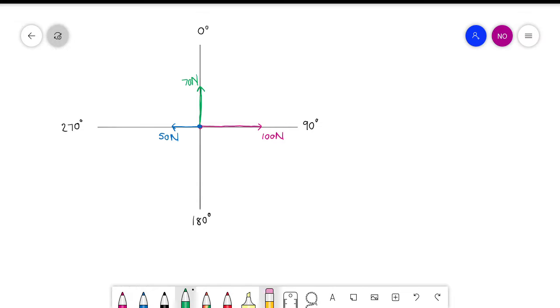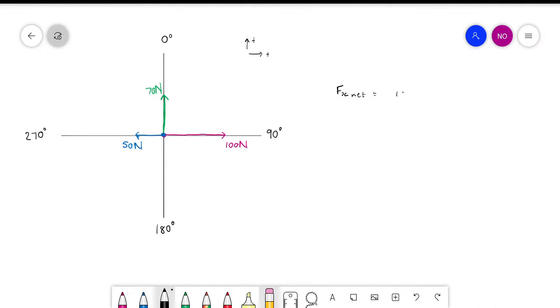So, om hierdie ene mee te begin, gaan ons sê, op die x-as, en ek kies na regs as positief, en ek gaan opwaarts as positief ook vat. Okay? But on the x-axis, my net force will be 100 minus 50, which is 50. 50 Newton to the right.